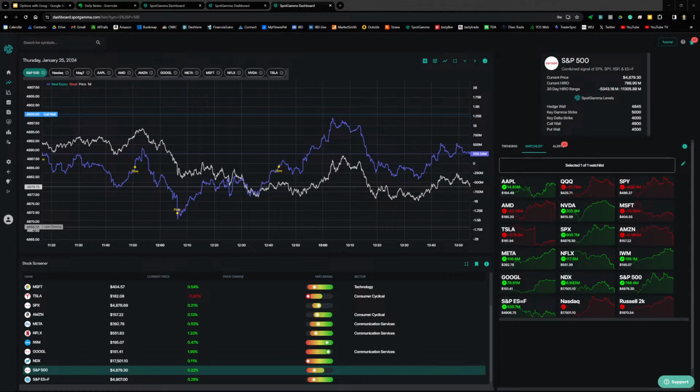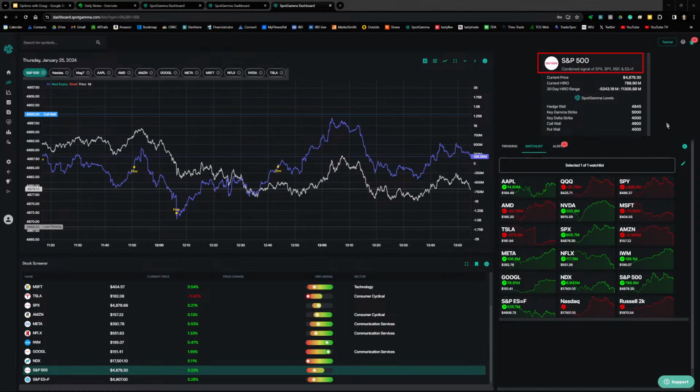And this is a combined signal for SPX, SPY, XSP, and ES futures, all into one combined signal. So when traders are taking positive delta positions in those underlying index products, market makers are taking the opposite side, and they have to buy futures to hedge their delta exposure.